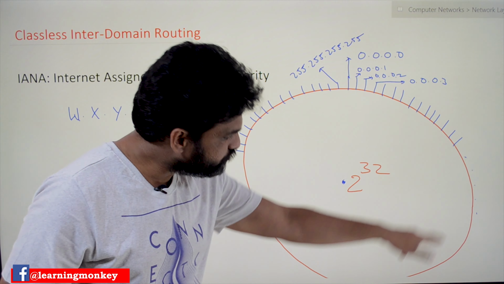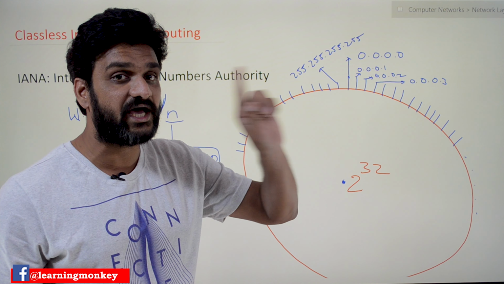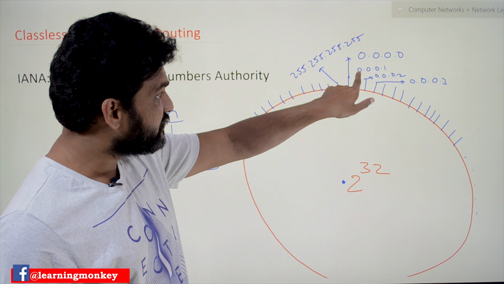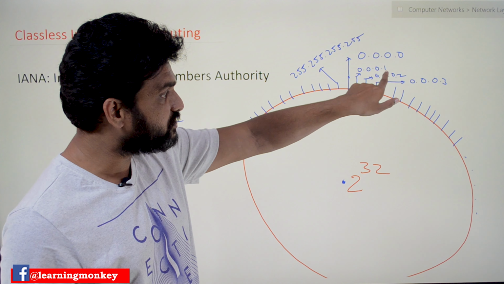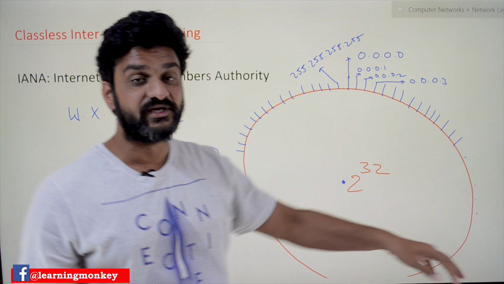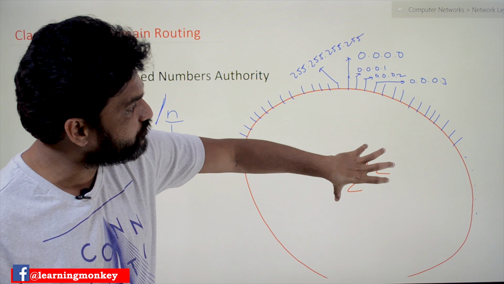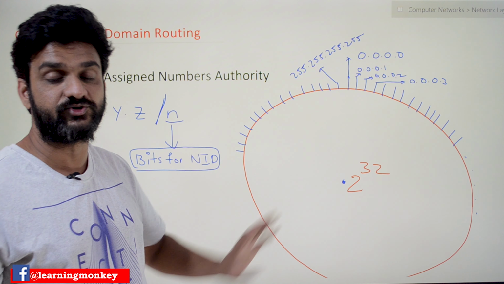This line is 0.0.0.1, 0.0.0.2, 0.0.0.3, and in the same way all the 2 power 32 IP addresses are in this group.